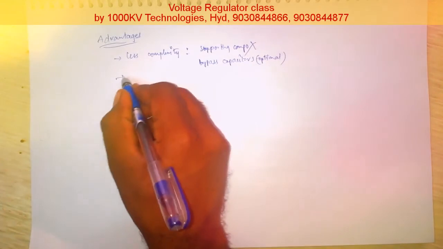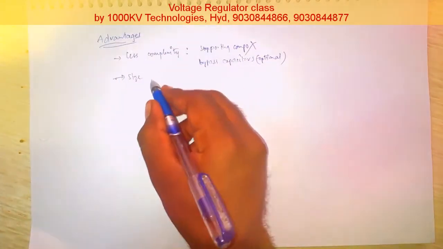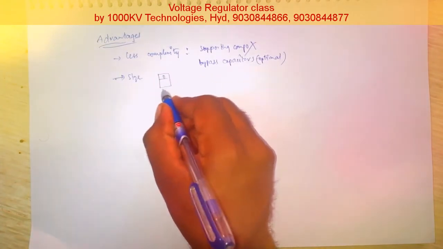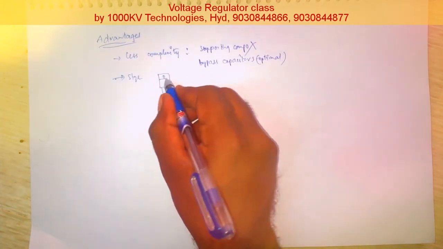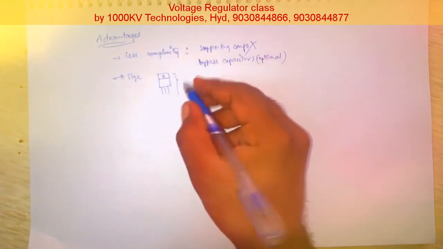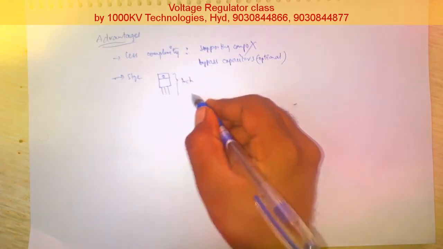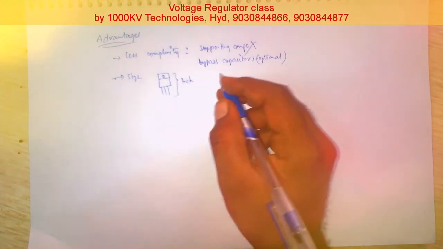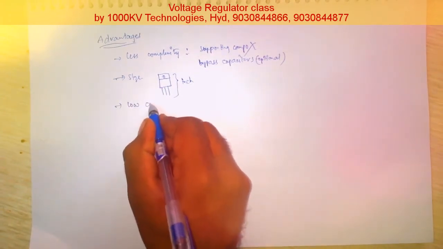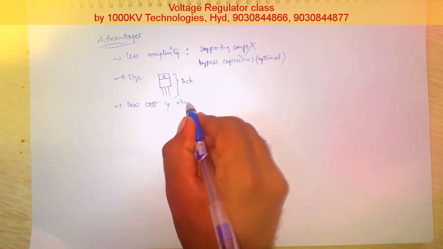And coming to the size, it is very small in size. It's about this size, about half an inch in height, and it is low cost and abundantly available in the market.